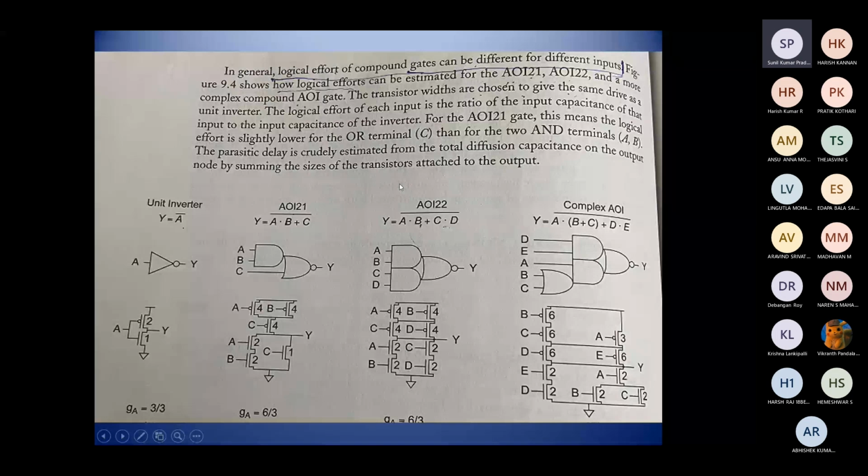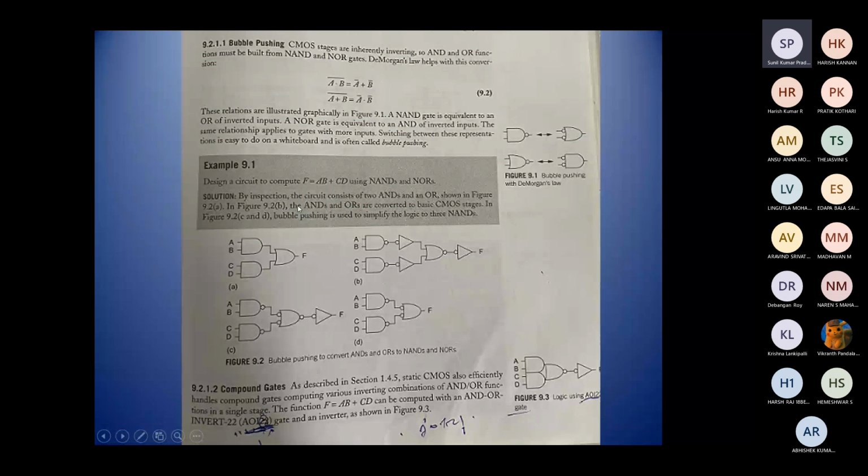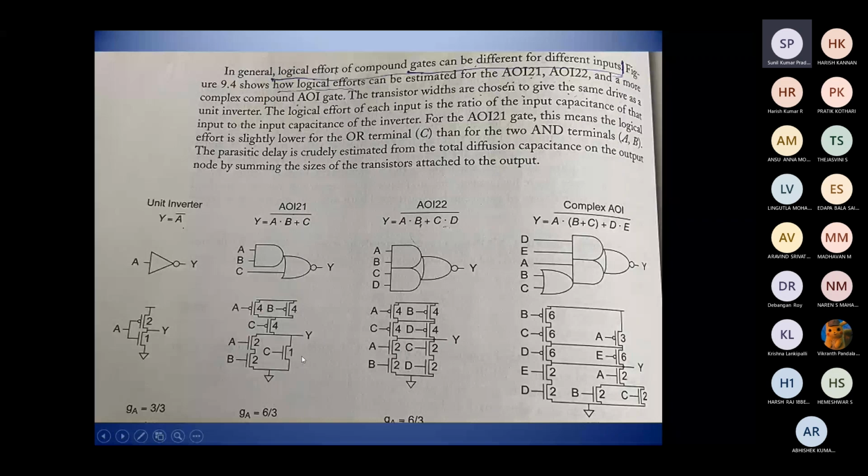Overall, it is very important that if you have given compound gates, because this chapter is all about the design of compound gates, you know how to design them using CMOS logic operations, with the illustration of the corresponding logic gates.